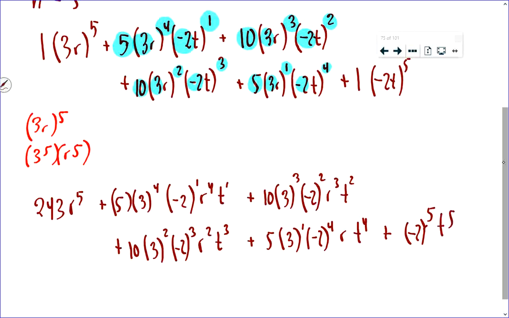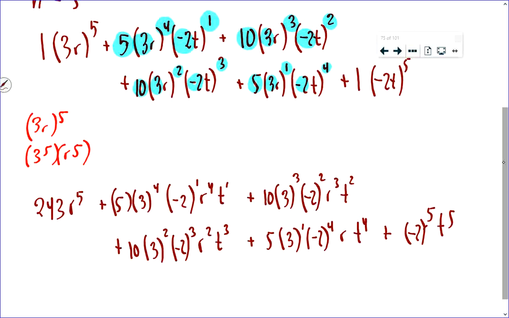And now we have to clean this all up. And I just want to double check everything. (3r) is to the 5. I'm looking at the top of the screen. Then it's to the 4, then to the 3, then to the 2, then to the 1, then to the 0. My negative 2t in the first term is not there, which is good.